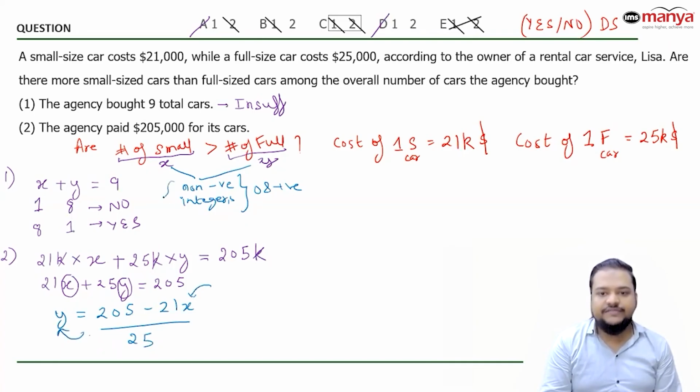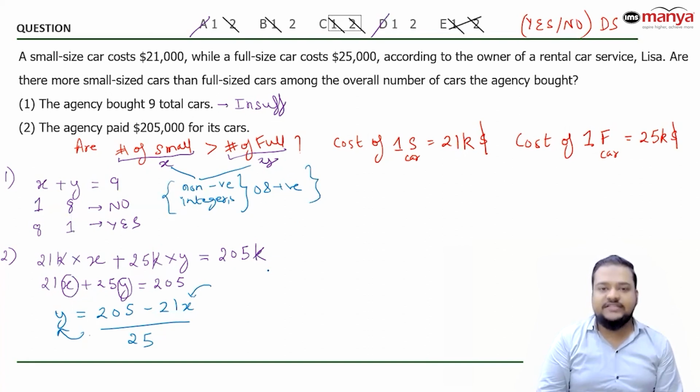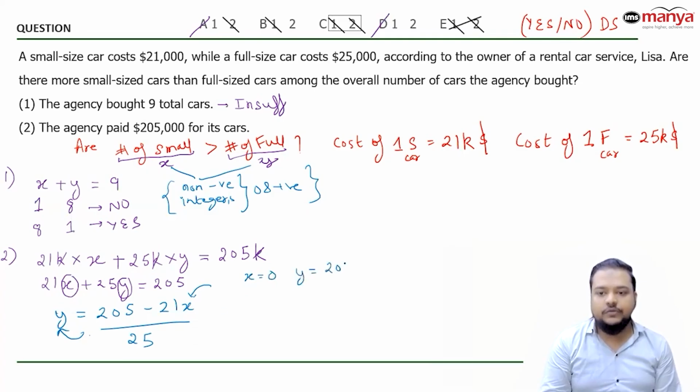If it satisfies what we already have deduced, then that solution will be acceptable. I will show you a part of it. Let's say I put x equals 0 here. What will be y? y will be (205 minus 0) upon 25, and that will be 41 by 5, which is not an integer. Hence, this solution is not acceptable.